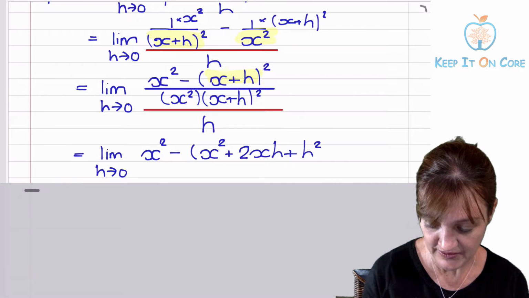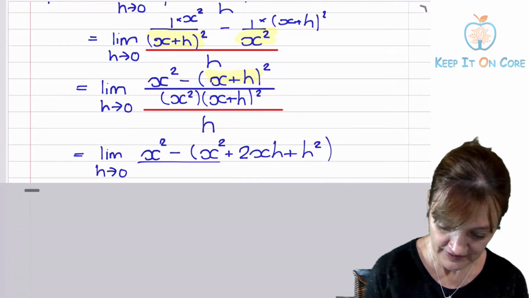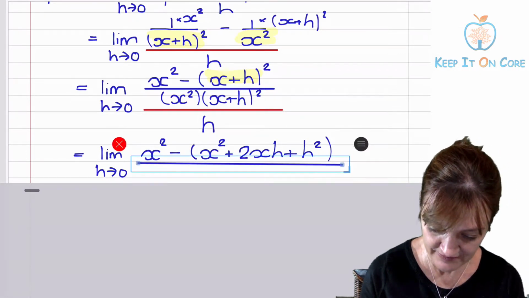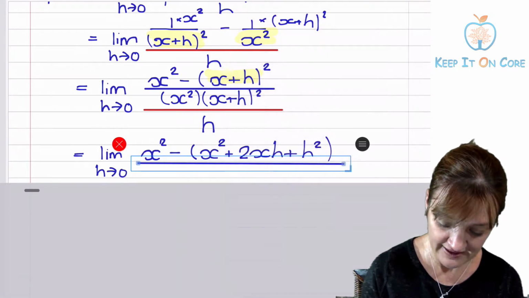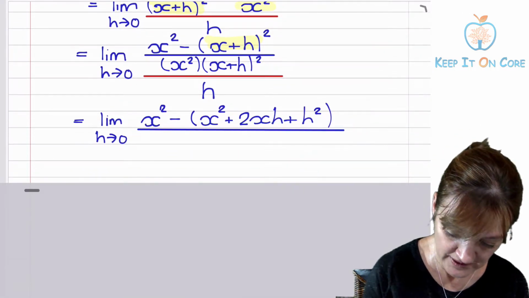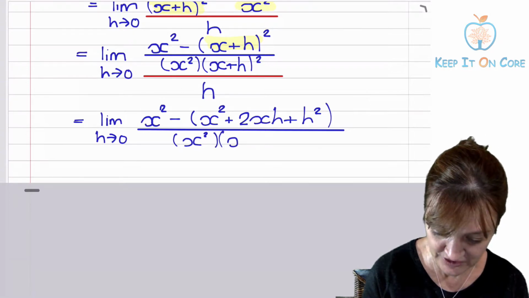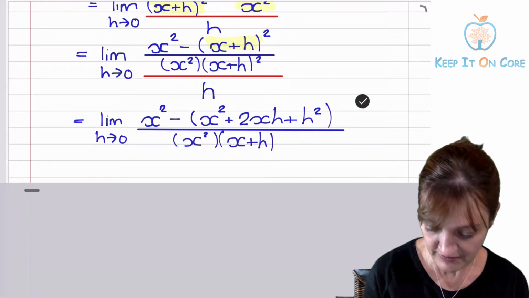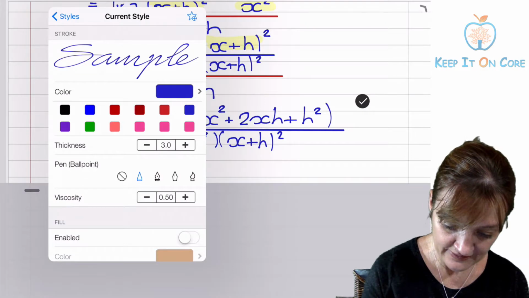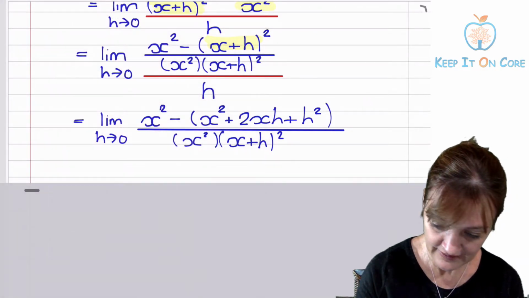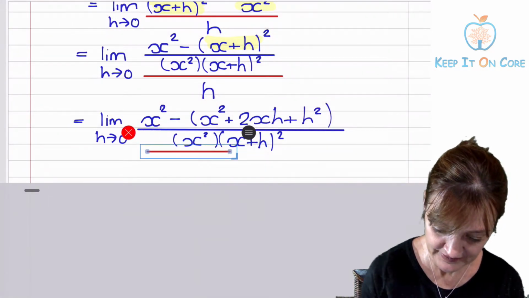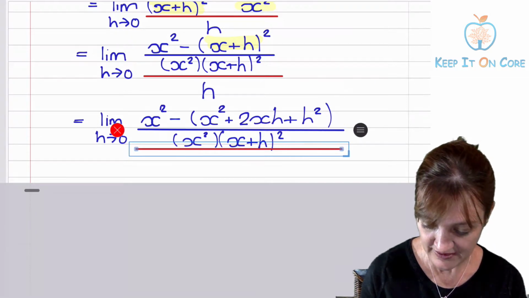That's our FOILed solution, and it's over the LCD. Remember, the LCD was x squared times x plus h squared, and it is all sitting over h.